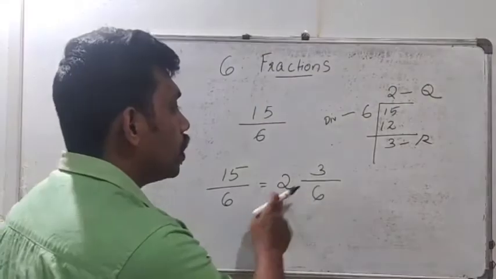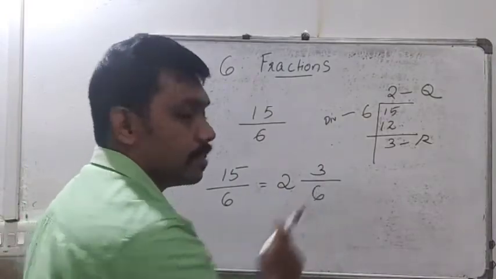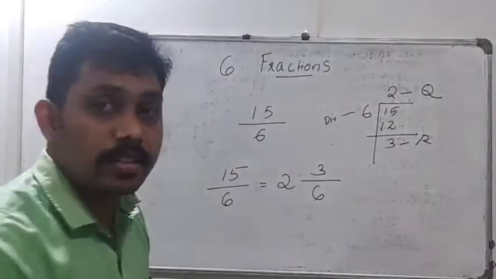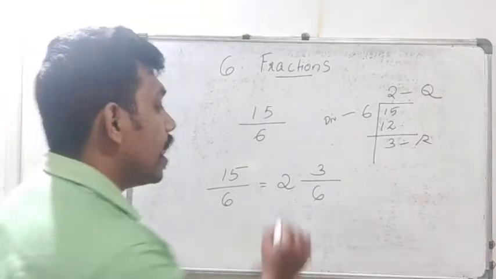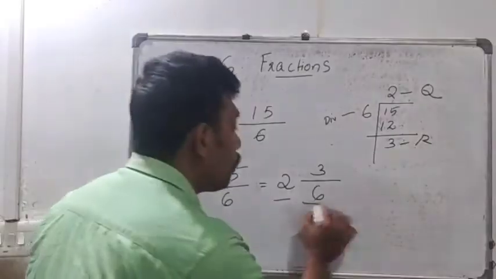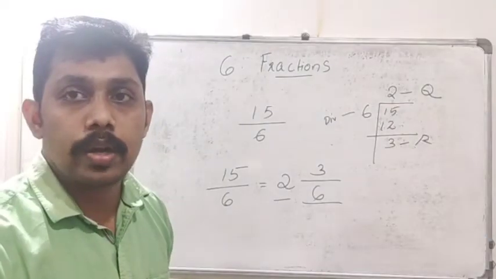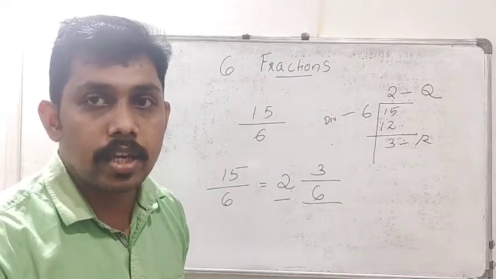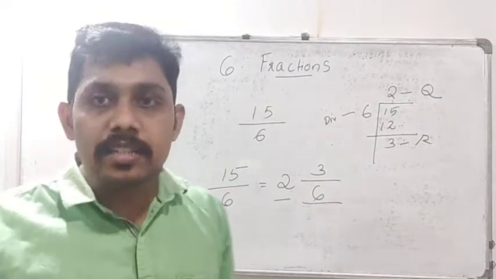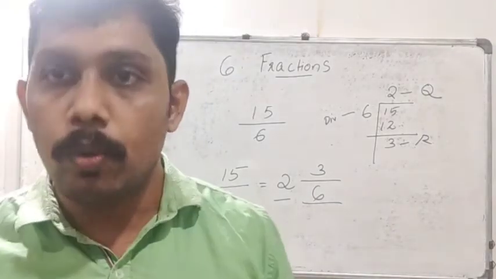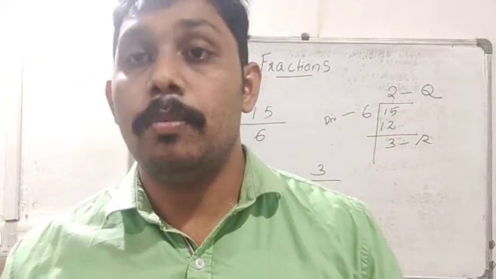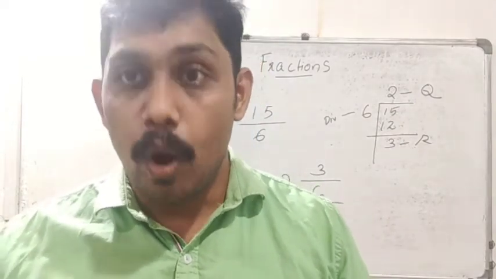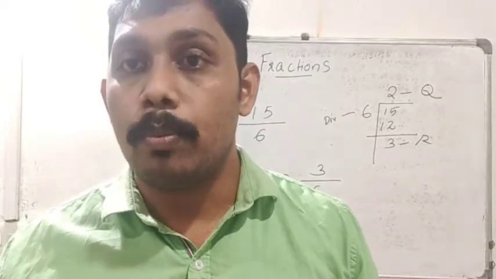That is 2 3 by 6. A mixed fraction consists of a whole number and a proper fraction. So we can convert improper fractions into mixed fractions.